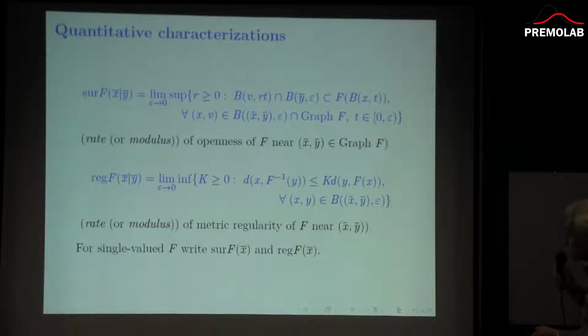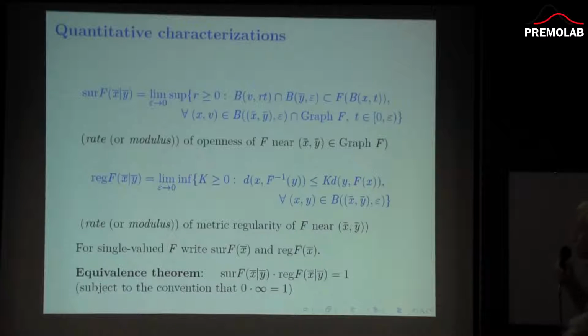And a really remarkable fact is that these two properties are equivalent. Moreover, we have this type of relation between the quantities: the surjection modulus, the rate of surjection, is precisely reciprocal to the modulus of regularity, which makes it possible to pass from one property to another without problem and use whichever we wish.